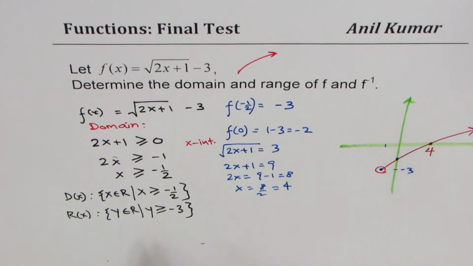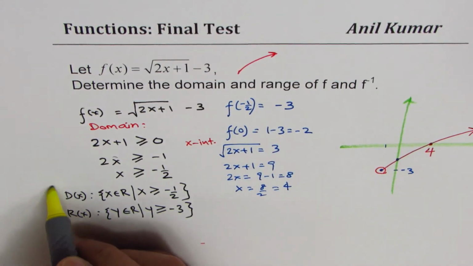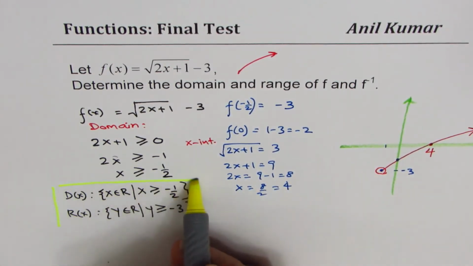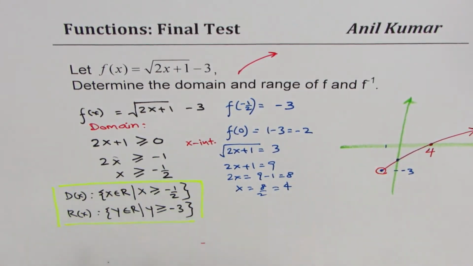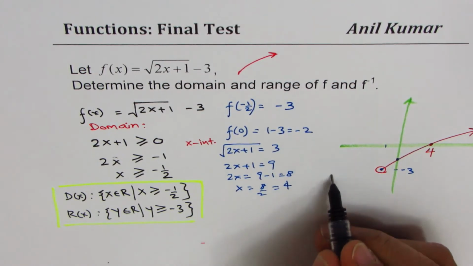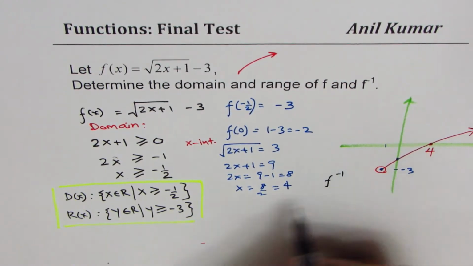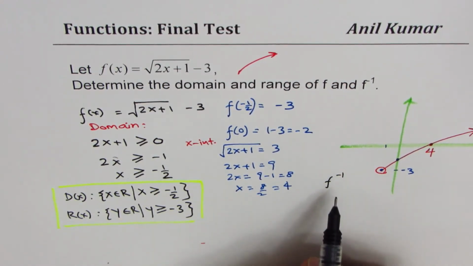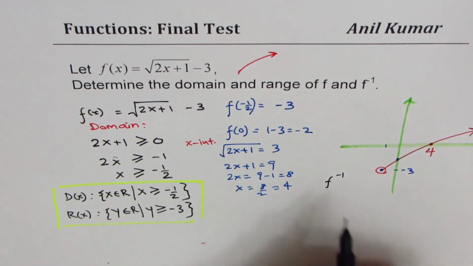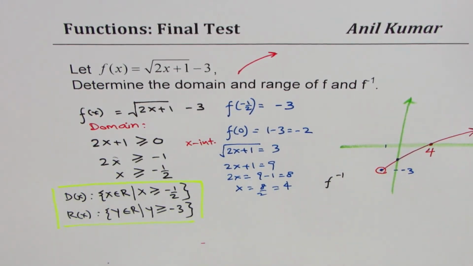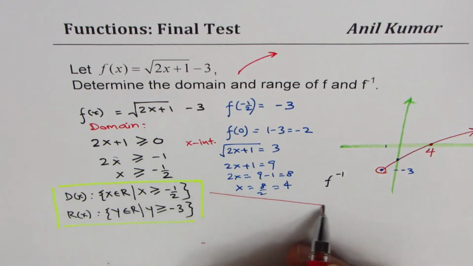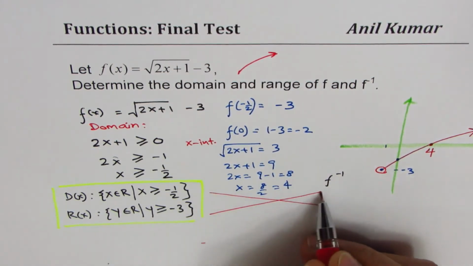Now clearly, you can write down the domain and the range, which is given here for f of x. Now tell me, if that is the domain and range, what is the domain and range for f inverse? Now, the domain and range actually flip. Very simple.